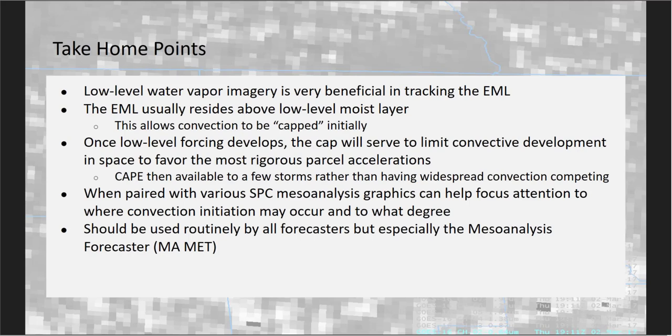I guess the part that really struck me, not only the EML and the way it looked on the low-level water vapor, but after pairing it with the SPC mesoanalysis graphics and that lapse rate gradient, that has to tell you something about not only the fact that you're dealing with different air masses there, but the degree to which they are pretty extreme.